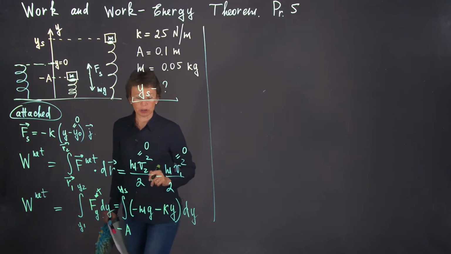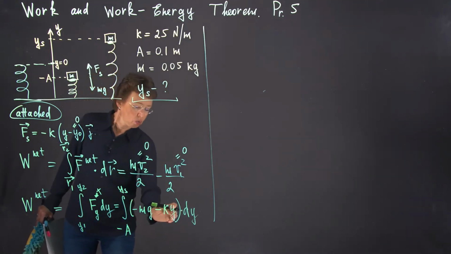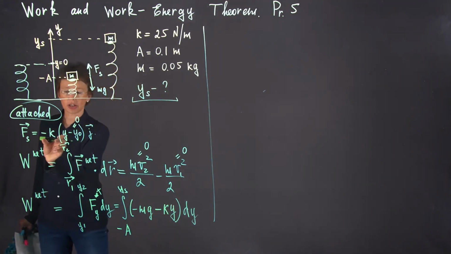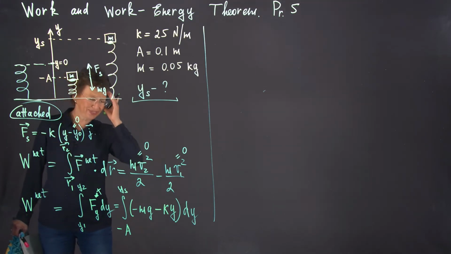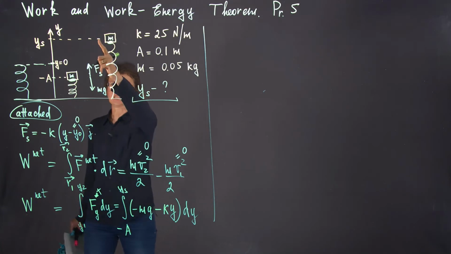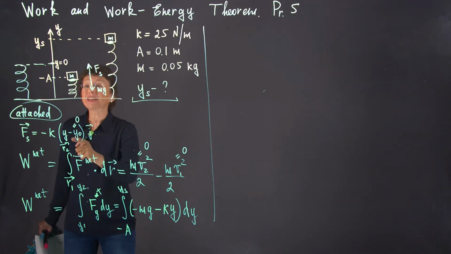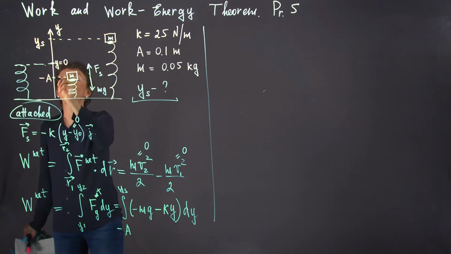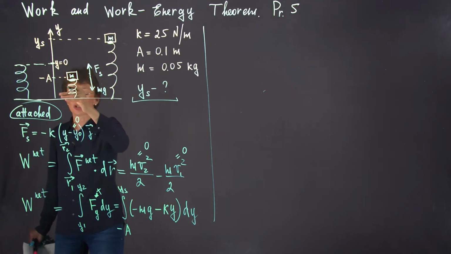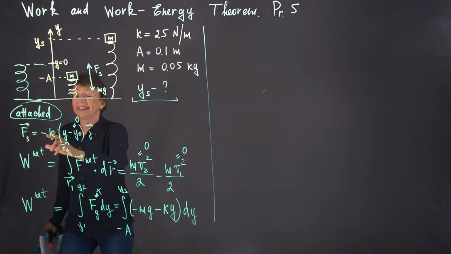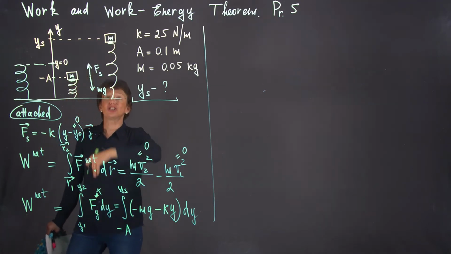Let's look at it one more time. Why is there a minus? I just applied Hooke's law. I put here minus ky, but is it right? The force is up. However, y here in this region is negative. So minus times negative y is positive.